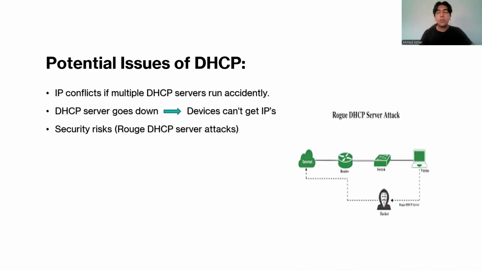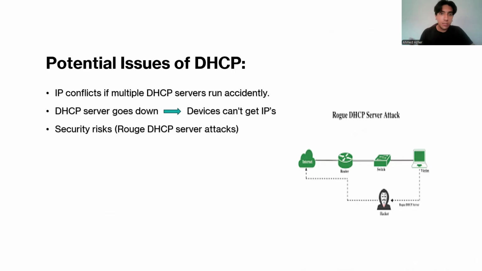So now that we've talked about the advantages and uses of DHCP, let's talk about the potential issues of DHCP. Even though DHCP makes life easy for a lot of people, there are still some problems that come with using it.